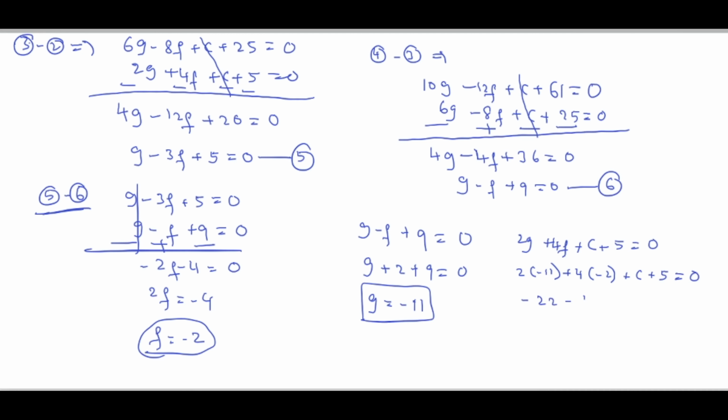Minus 22 minus 8 plus c plus 5 is equal to 0. That is c minus 25 is equal to 0. c is equal to 25. So now we have found these three values g, f, c. Therefore, the general equation of the circle is x square plus y square plus 2gx plus 2fy plus c is equal to 0.